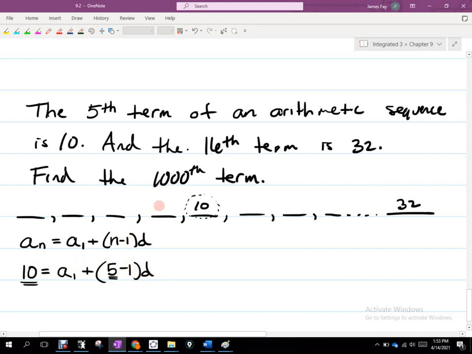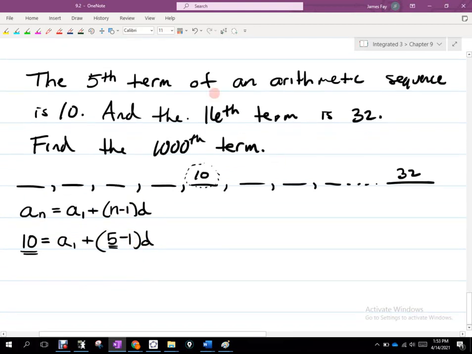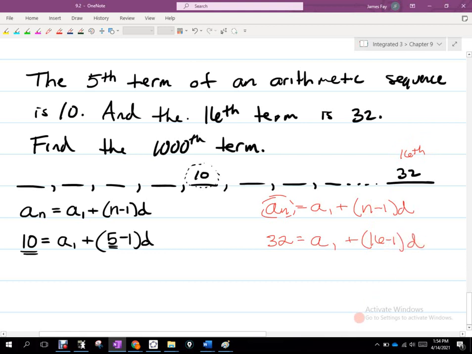So the way that we fix that is that we say, this is the 16th term. Again, using a sub n equals a sub 1 plus n minus 1 times d, a sub n is the object that is in the 16th spot. So 32 is equal to a sub 1 plus 16 minus 1 times d.